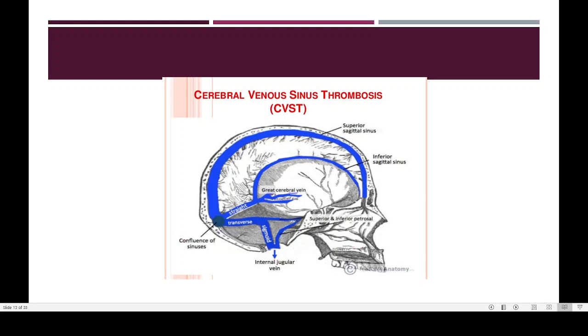In case of thrombosis, any part of your body can be affected. See, this is how the whole event takes place. If there is some block, for example here, this is a small block, and here also you can see that.